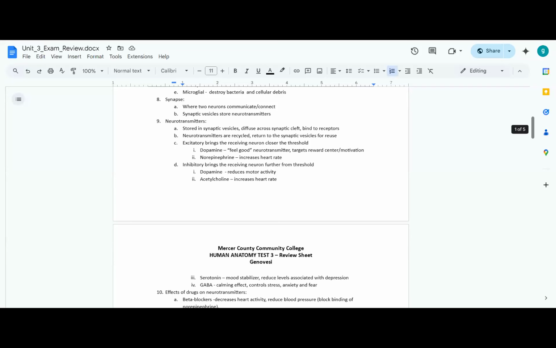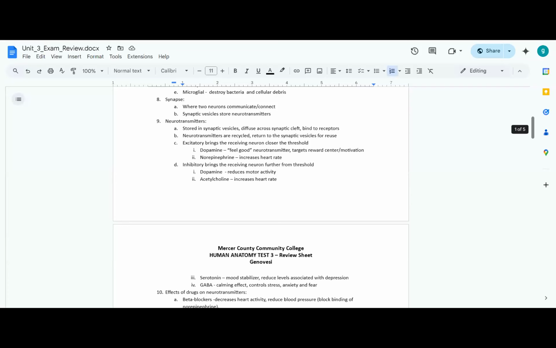There are also inhibitory neurotransmitters, and they're going to decrease the likelihood of our neuron number 2 sending a signal. So dopamine can also act this way. You have the same neurotransmitter with a different function depending on where it's found in the body. So this helps to reduce motor activity, which kind of smooths out your emotions.